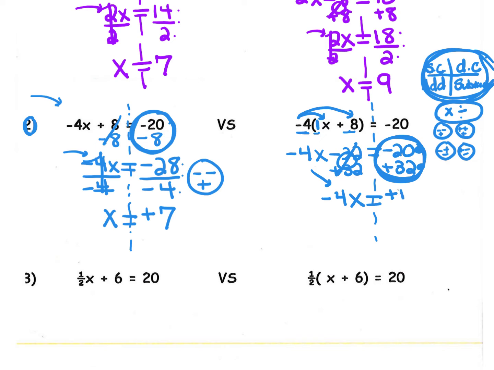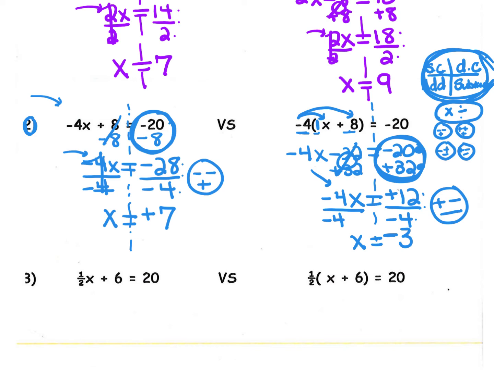We get a positive 12. Now divide both sides by the coefficient, which happens to be negative 4. X equals, think about Margar, you have a positive divided by a negative. You should get a negative result. 12 divided by 4 is 3. Your answer is negative 3.